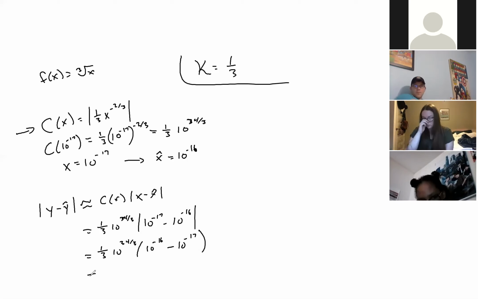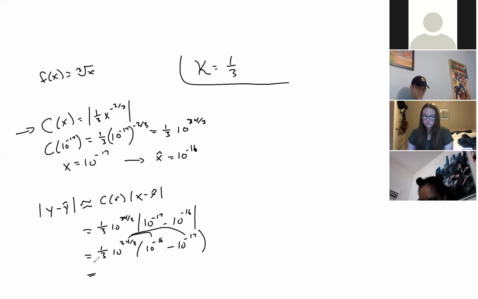Whatever this simplifies to would be the answer. So you would distribute this 10 to the 34 over 3 into the parentheses and multiply it by 1/3. Whatever that comes out to would be your rough estimate of how much your y values change.